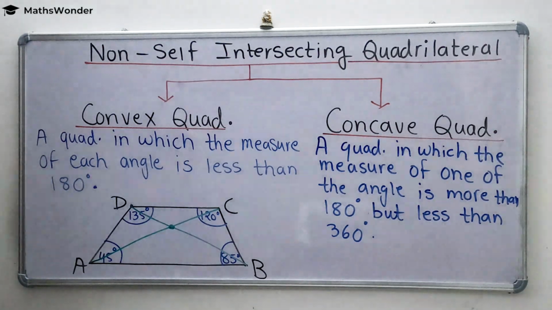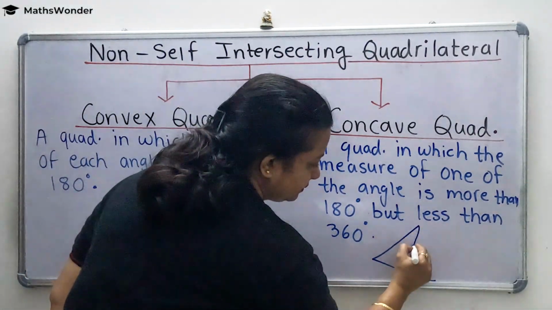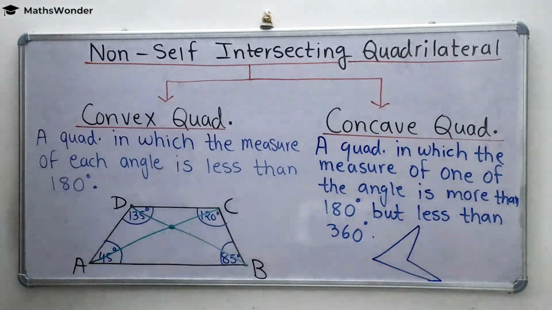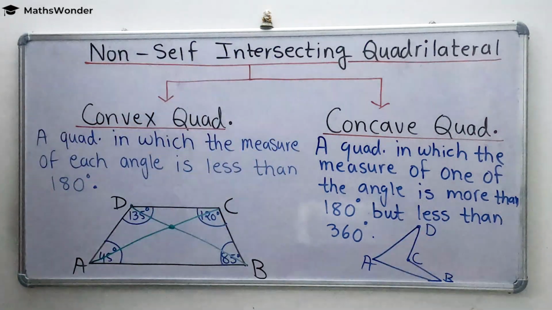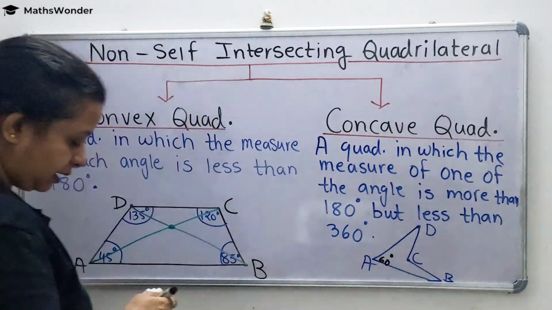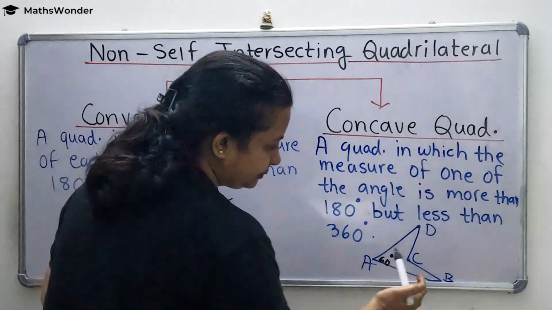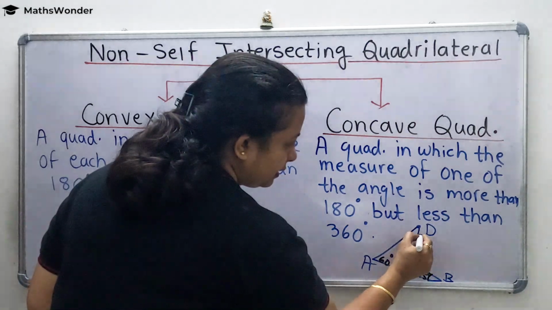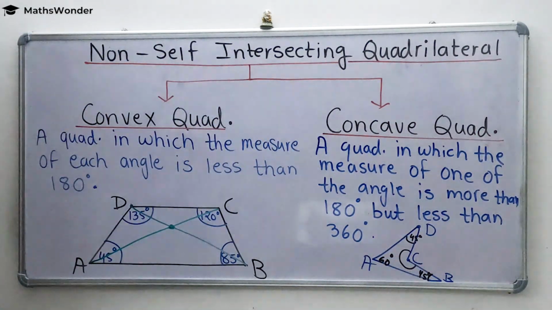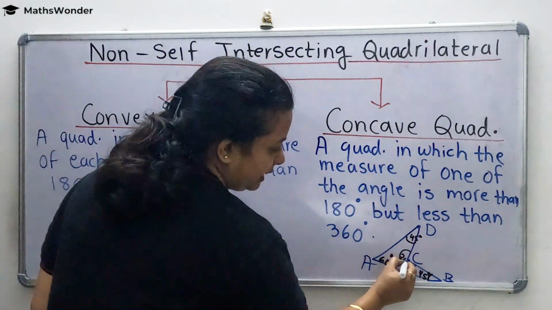There is no space for the figure, so just write down this is the figure A, B, C and D. A is 60 degree, B is 45 degree, and D is also 45 degree, but C is the reflex angle which is 210 degree.